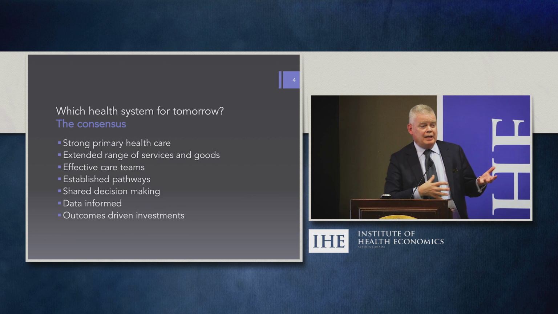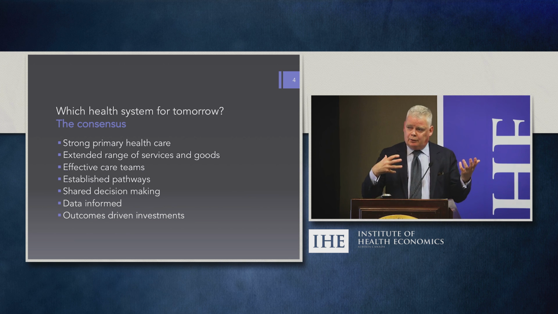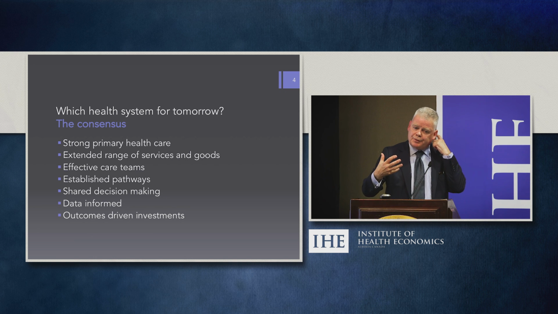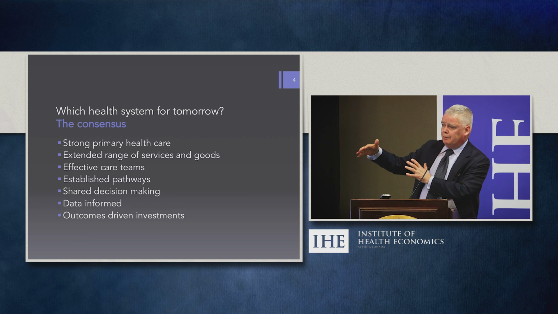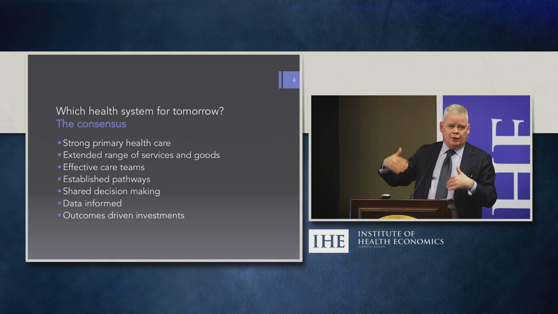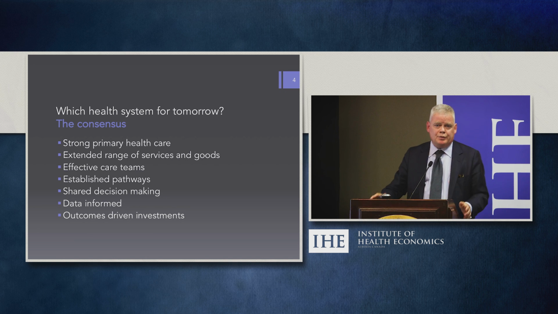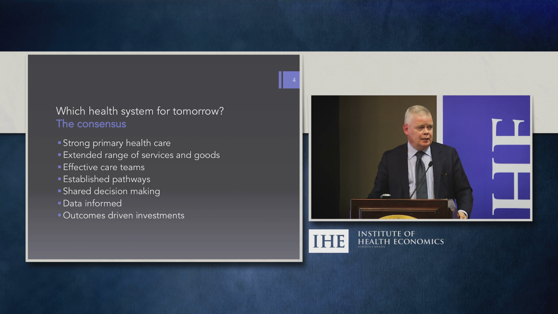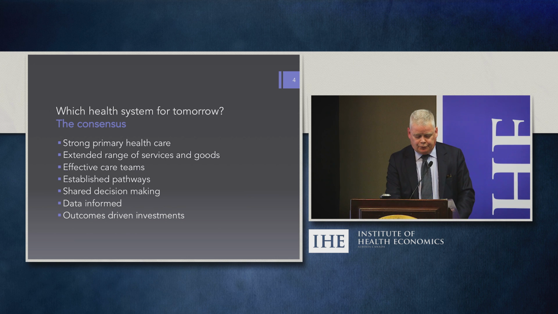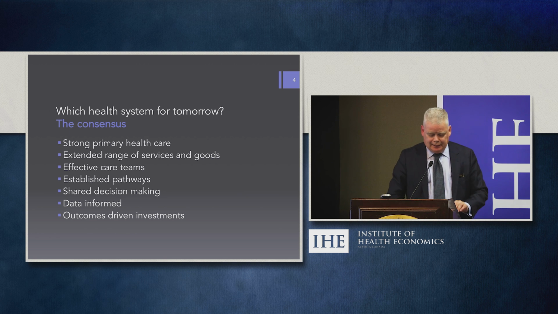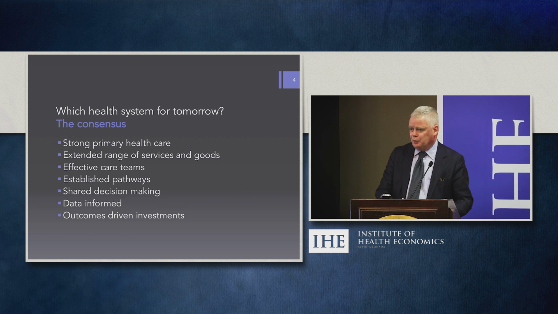But the convergence is evident. Again, you look at the presentation about Scotland, the presentation about the US, about France, and you will see those same categories appearing on slides, presentation after presentation, because this is our task for the 21st century.